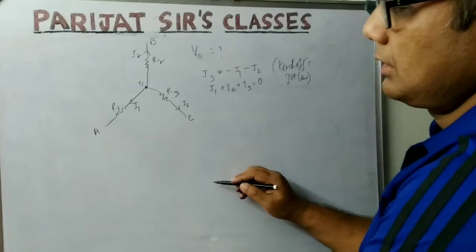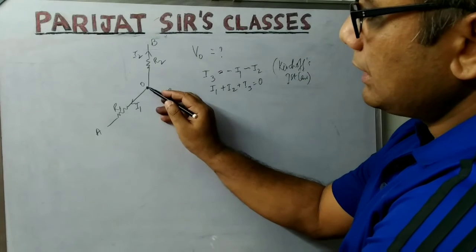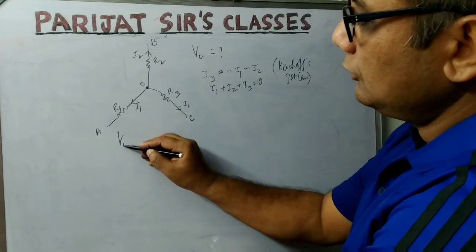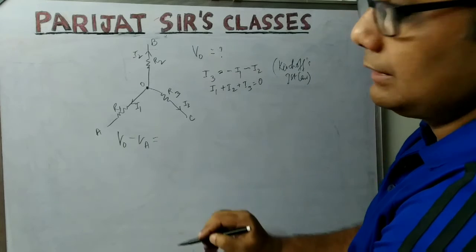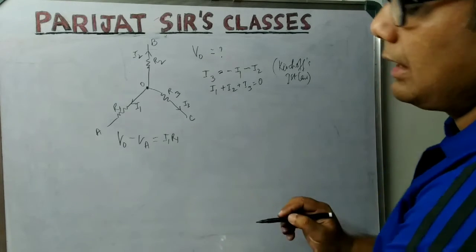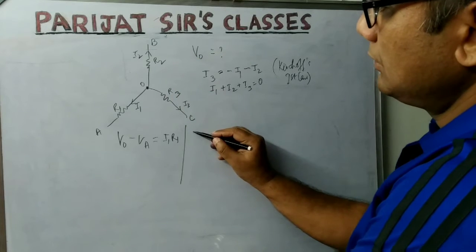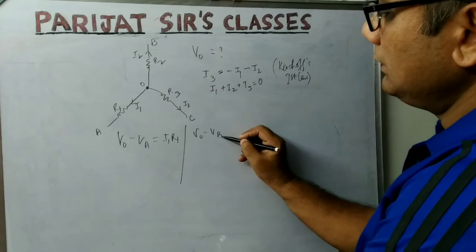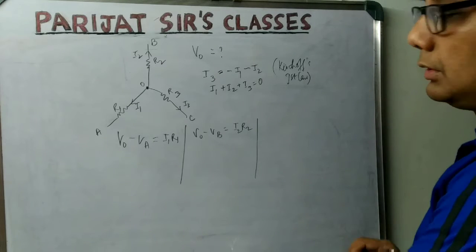Now watch here. In this case, current is coming in this direction, so I will write this potential is higher: VO minus VA will be I1 R1. Similarly, VO minus VB will be I2 R2.